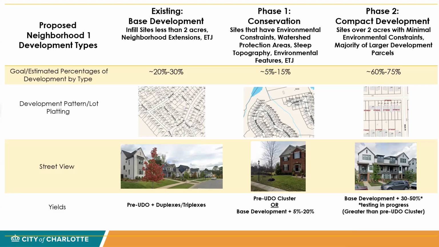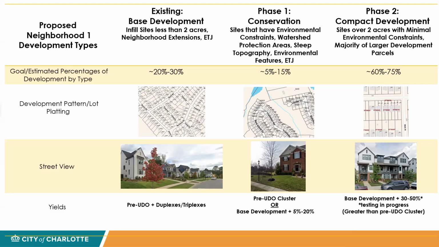I will just make a statement that we had tools before that allowed reduced lot sizes. We call it at the bottom here pre-UDO cluster. Those already gave a density bonus, but remember, all of the land use in those was single family. So any of that density bonus was happening in just single family buildings.